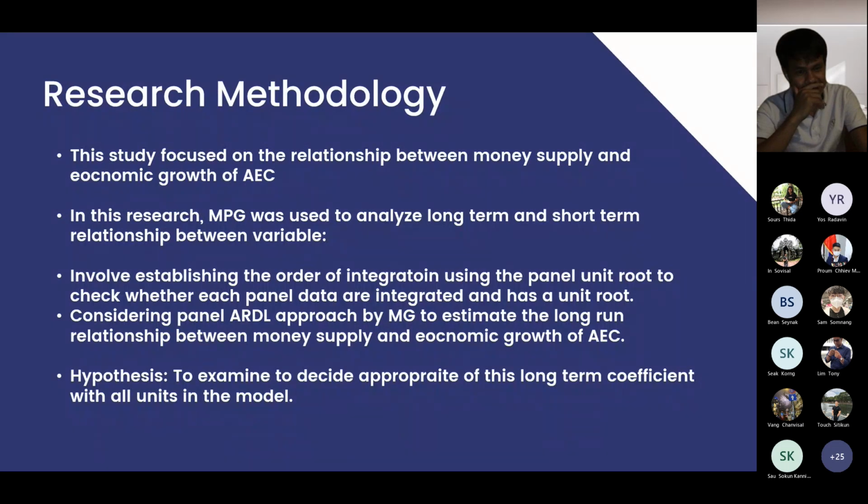This study mainly focused on the relationship between money supply and economic growth in the ASEAN Economic Community countries. For this study, they used the Pooled Mean Group estimator to analyze the long-term and short-term relationship between those 3 variables: GDP growth rate, represented as GDP, money, and demand deposit, between 1995 and 2013.